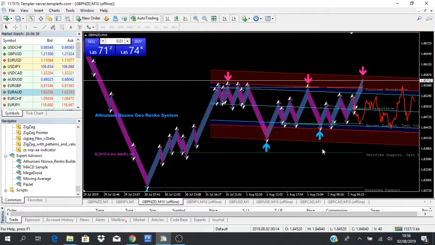As simple as that. Do not start selling if the fractal has not appeared, or do not start buying if the fractal has not appeared, because the fractal for us confirms an entry, and then the opposite arrow will actually give you an exit. So you exit once you get the opposite arrow, as simple as that.